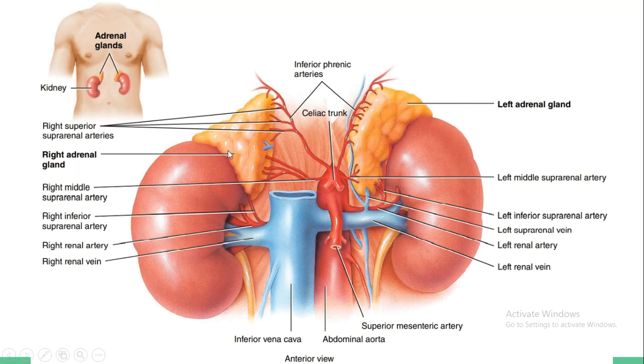The adrenal glands, these ones here, are whitish-yellowish on top of each kidney. They are 2 to 5 centimeters long and 2 centimeters wide, and the thickness is roughly 1 centimeter. So this is the structure of the adrenal glands. They look like this.